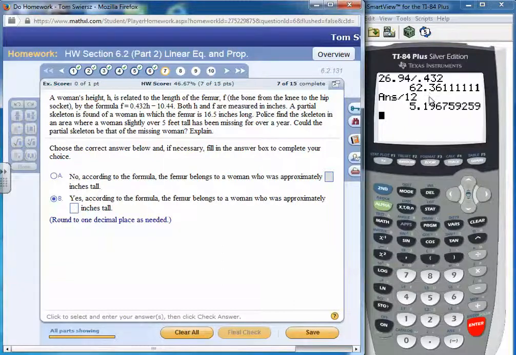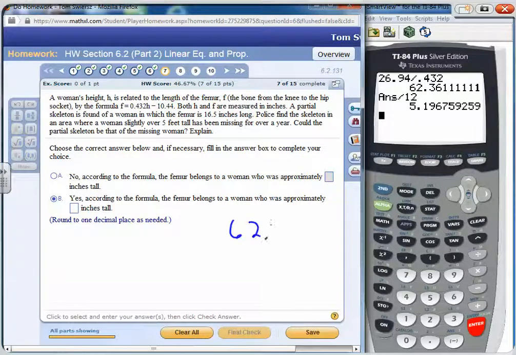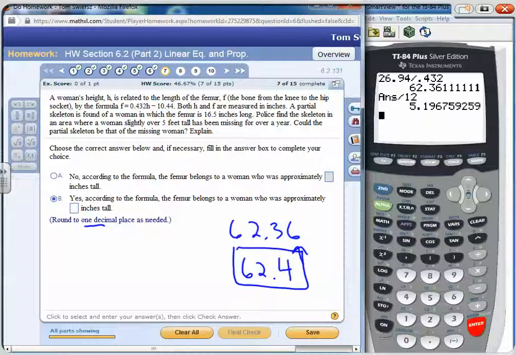Back to inches is 62.36. Okay, the inches are what we got from the first answer. So 62.36 rounded to 1 decimal: the 6 is 5 or higher, so we would add 1 to the 3 and get 62.4. Okay, let's go ahead and put that in.